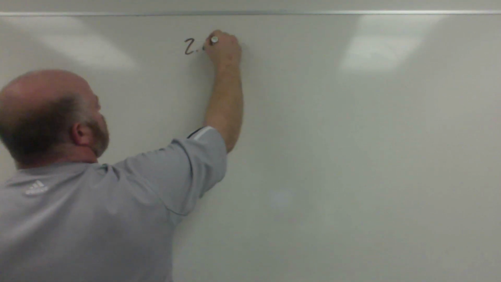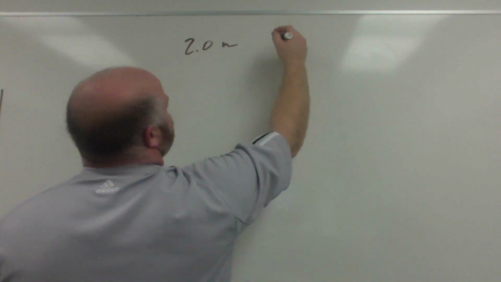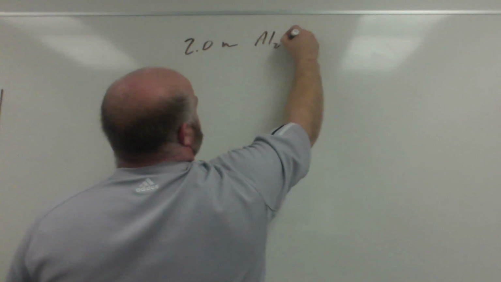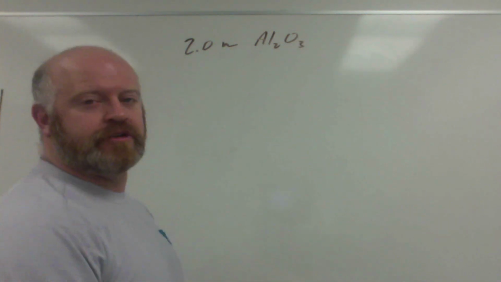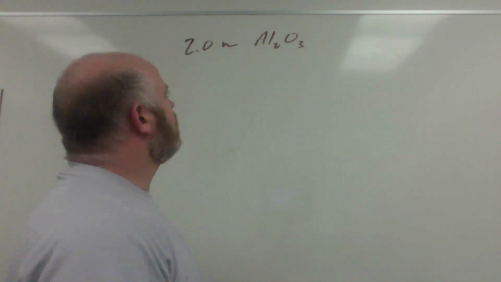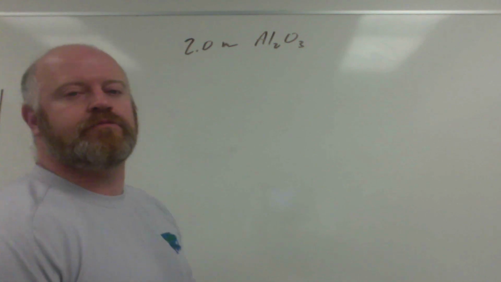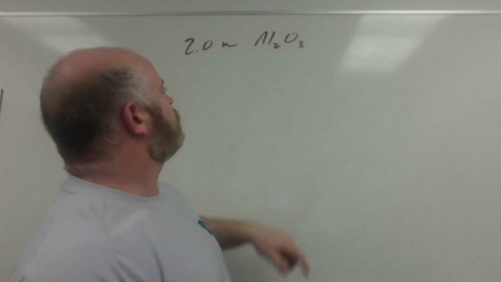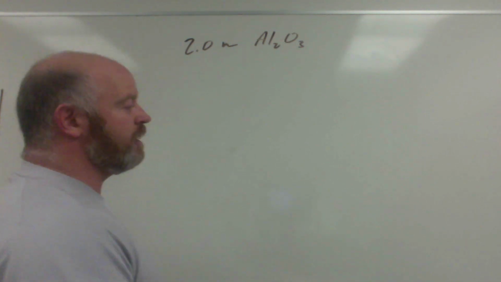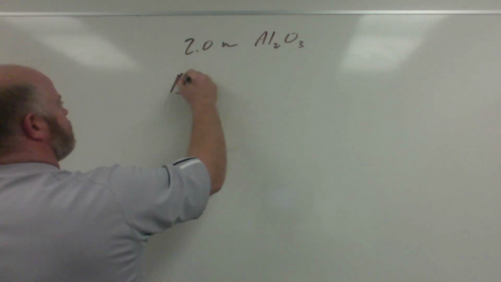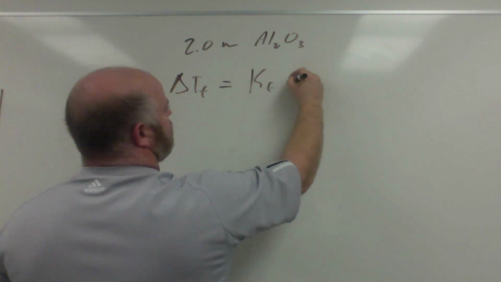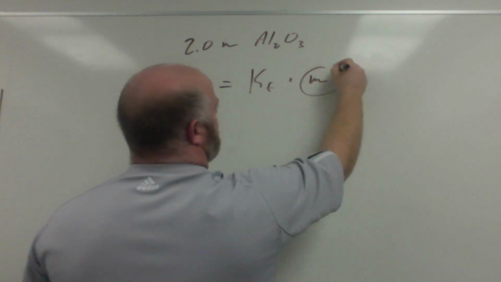Let's say I have a 2 mol solution of aluminum oxide in solution. So let's make it kind of a complex one. And I want to know what the freezing point is going to be for this solution. So I know that my change in temperature of freezing is going to be my K freezing times my effective molality.